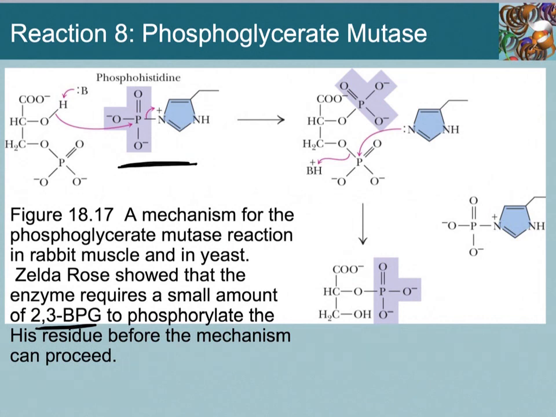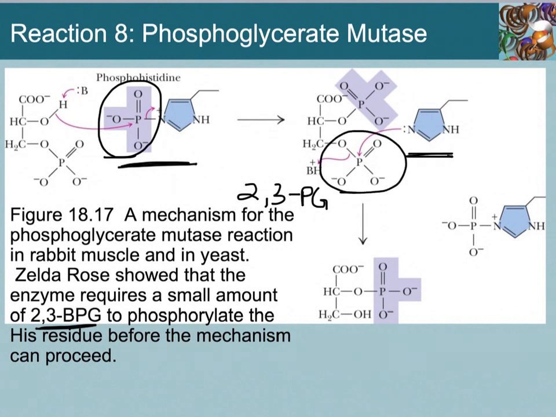So what happens is that this phosphate gets transferred to the 3-phosphoglycerate, and we actually make 2,3-bisphosphoglycerate. Then the histidine will remove the phosphate from carbon 3. So now we have regenerated our phosphohistidine, and now have a phosphate on the second carbon here.